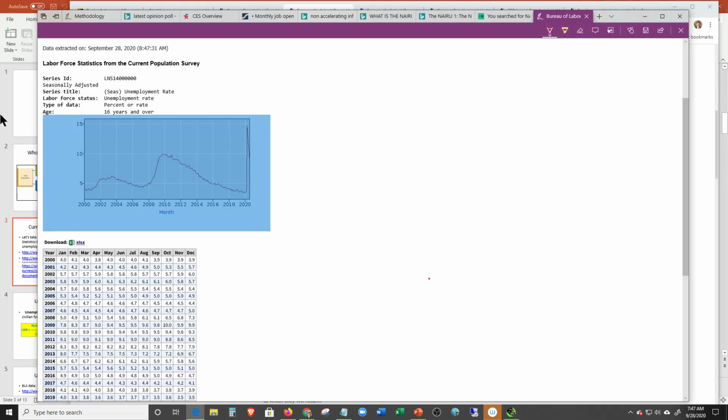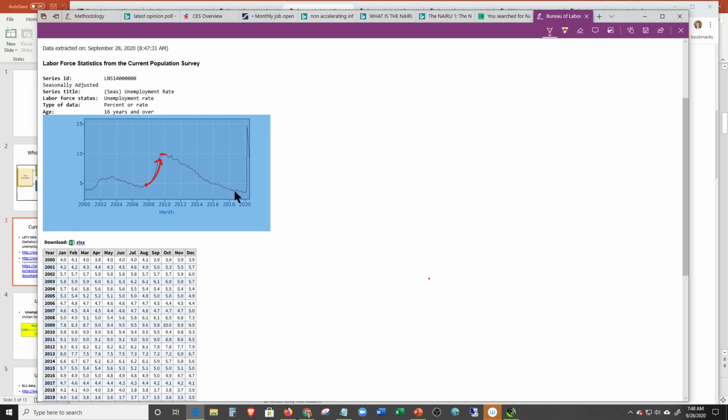I don't know why that turned blue, but you see the unemployment dropped to a low level right before the election in 2008, and then rapidly increased. That's the Great Recession, the Great Financial Recession, 2008, 9, and then we slowly recovered.